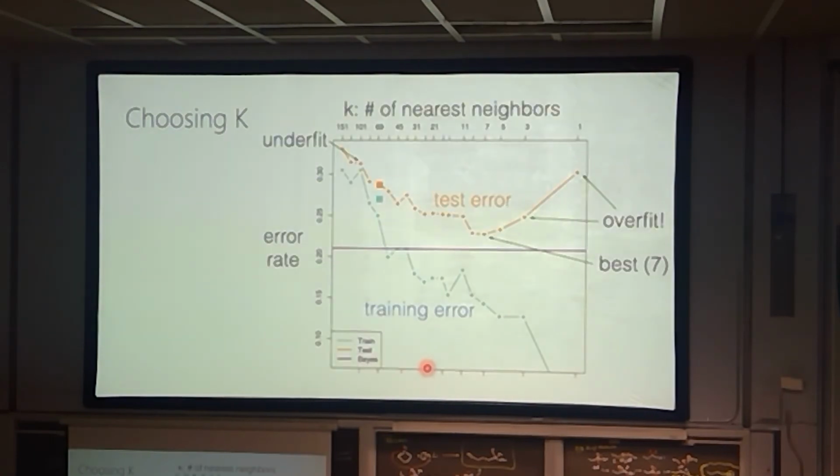We get the same kind of plots that you saw earlier in the course, where the training error goes down and down, but the test error plateaus and then goes back up. You want to pick the point where the test error is lowest. Technically, this should be the validation error if you also care about estimating the accuracy.